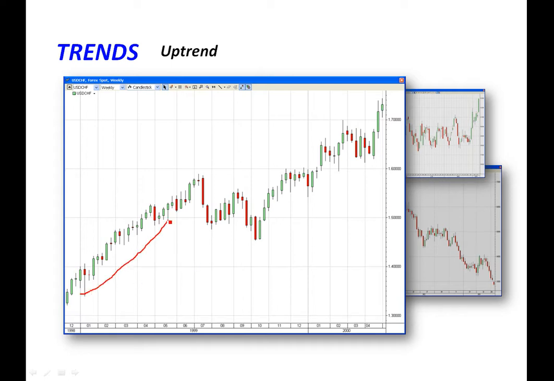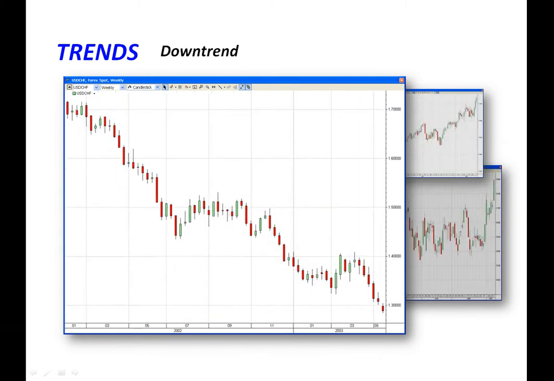The market moves up, comes down, and moves up to a higher price. Later, we are going to clearly define what is an uptrend, and also a downtrend, when the market price trades lower and lower.